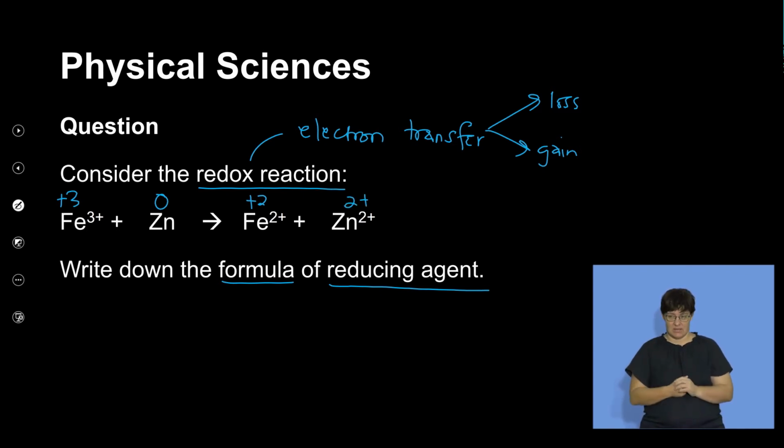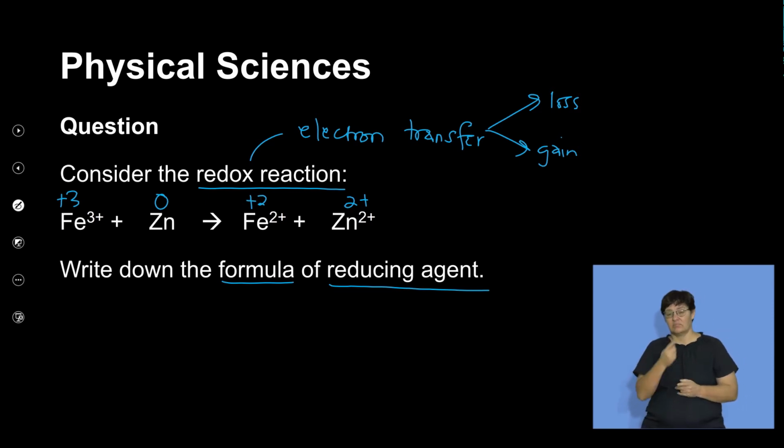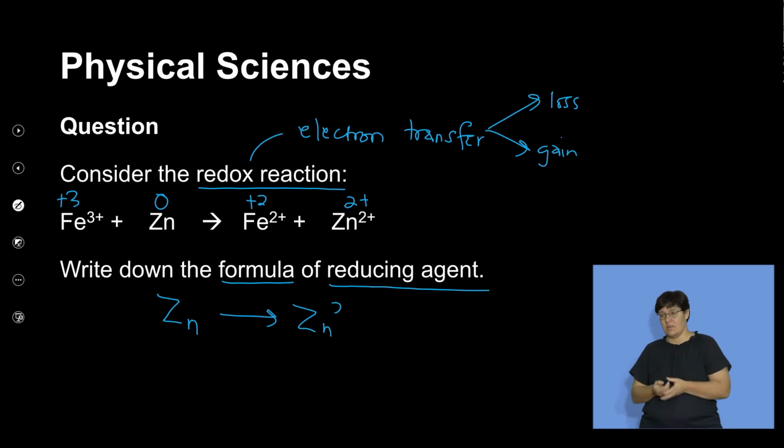So a reducing agent is a substance that undergoes the loss of electrons, oxidation. So there needs to be an increase in the oxidation number, right? The substance that undergoes the loss in this case is zinc. So the zinc metal, according to the equation, Zn gives us Zn2+ plus 2 electrons.